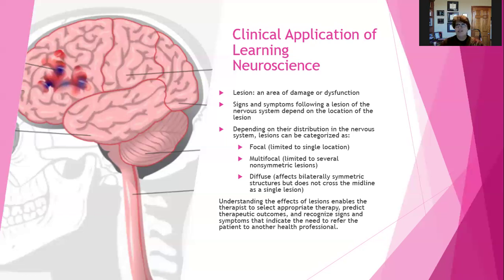A really good example of this that I've seen in the clinic: I worked in a large clinic with lots of different PTs and people with lots of different specialties. One of the orthopedic specialty PTs was evaluating a patient after an orthopedic surgery, and they did a neurological screening, which is part of the normal orthopedic evaluation as well.